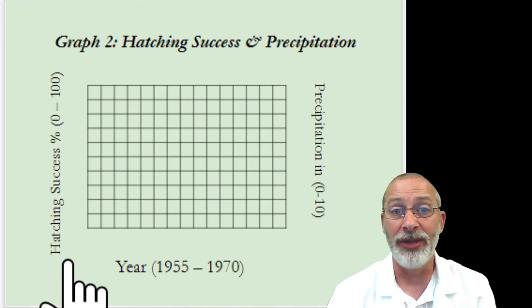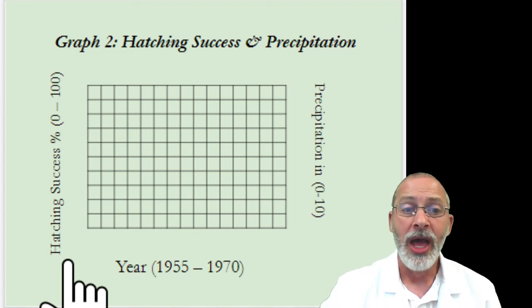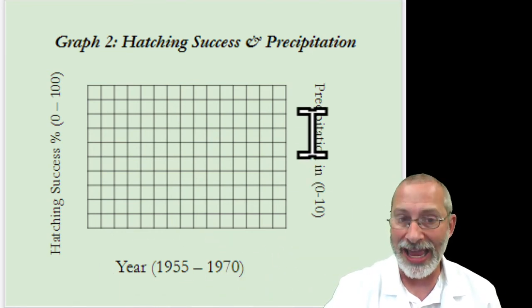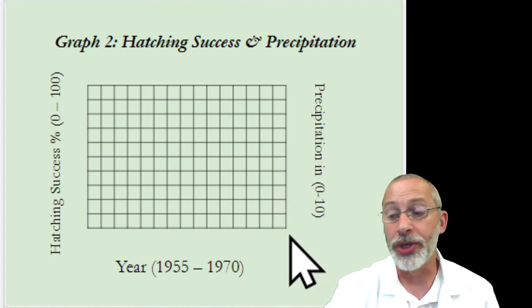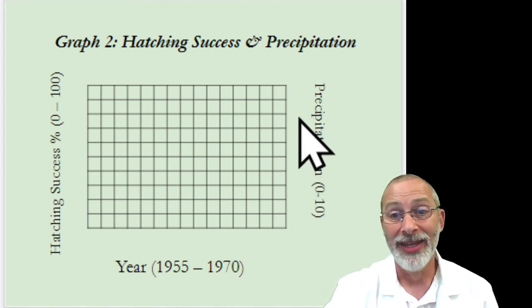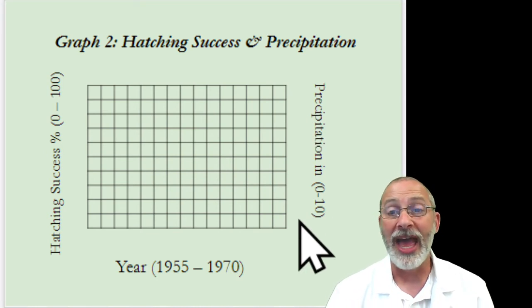This is the column that you're going to be calculating during the lab activity. On the other y-axis is the precipitation from 0 to 10. So label this axis appropriately as well.